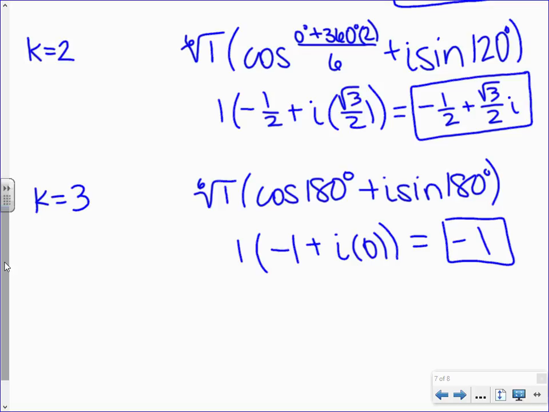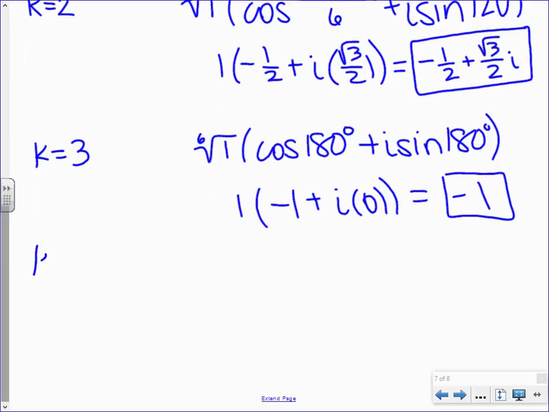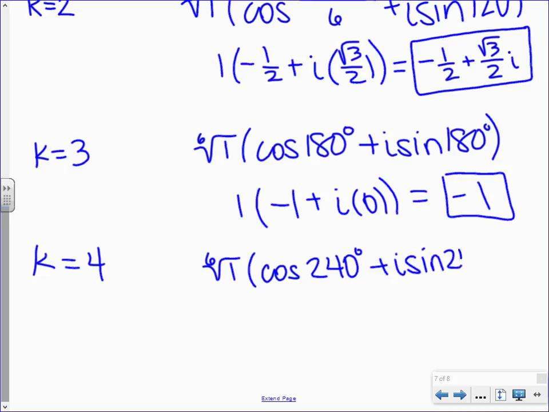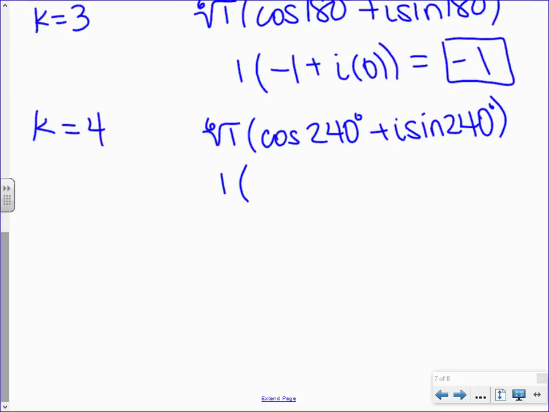All right, so then for k equals 4, without having to use the formula, what would our next angle be? 240. Okay. We know the cosine of 240 is -1/2, and the sine of 240 is negative radical 3/2.